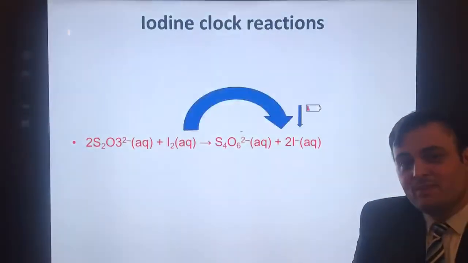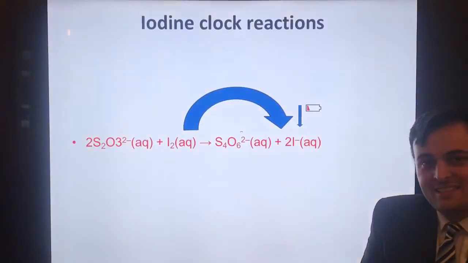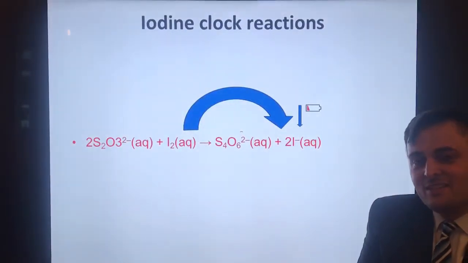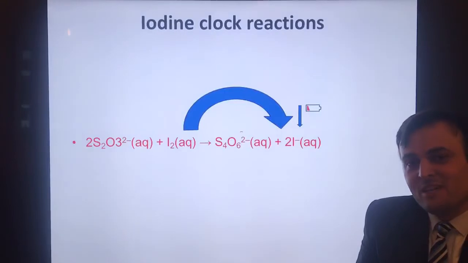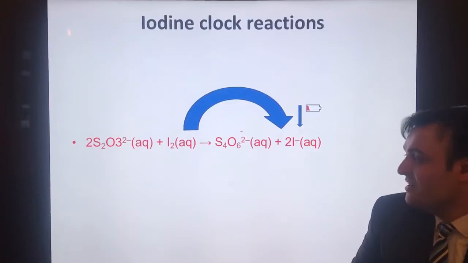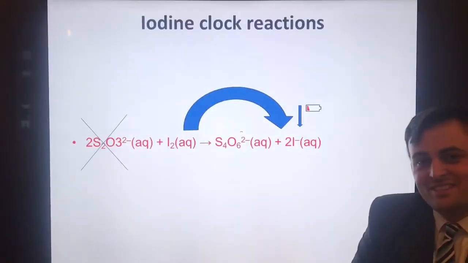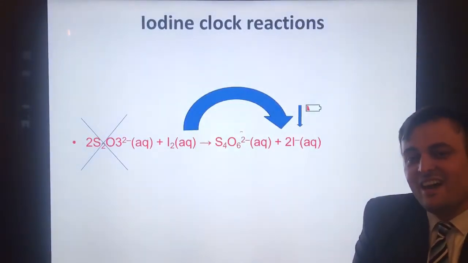The conversion between iodine and iodide is so fast, and because of this, it effectively keeps the concentration of iodine around 0. This back and forth conversion between iodine and iodide occurs until all the sodium thiosulfate is exhausted. After that, iodine can no longer be reduced back to iodide and will start to build up.